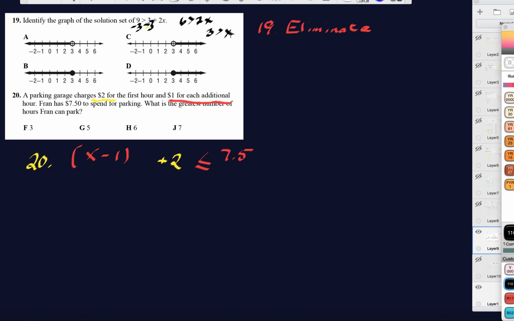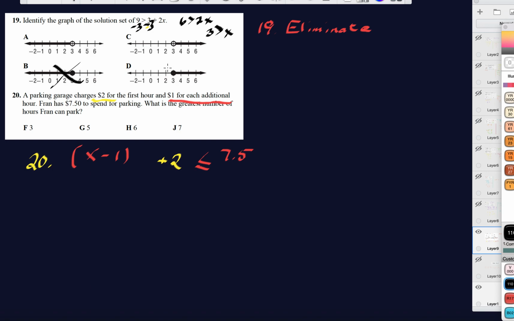Here's our problem. We want to read it x is less than, because the point is pointing at the x, the big part is pointing at the 3. So 3 is greater than x, or x is less than 3. Now, you can eliminate because this is a closed circle.